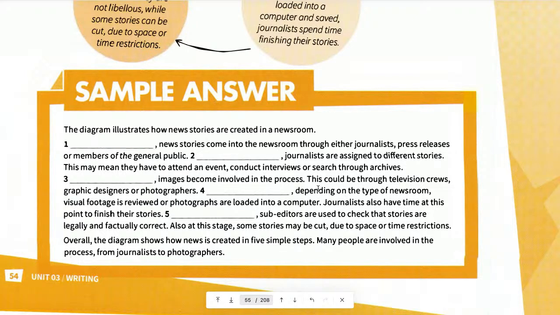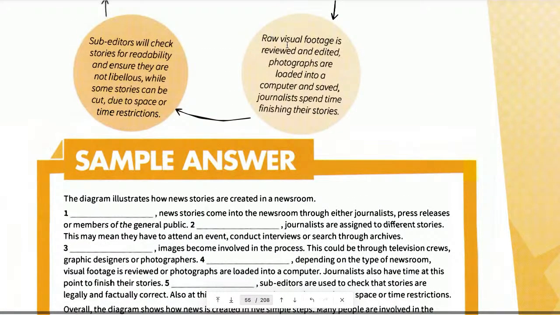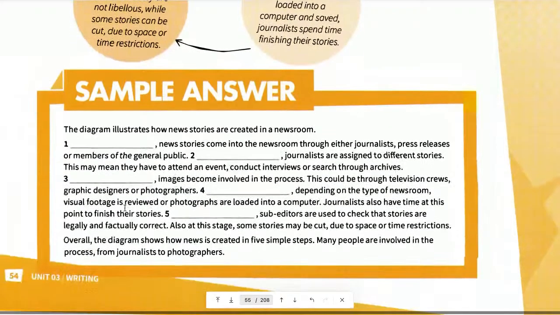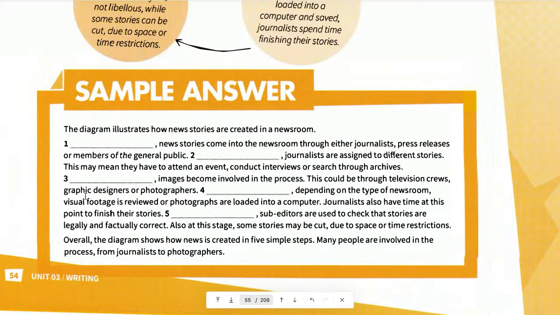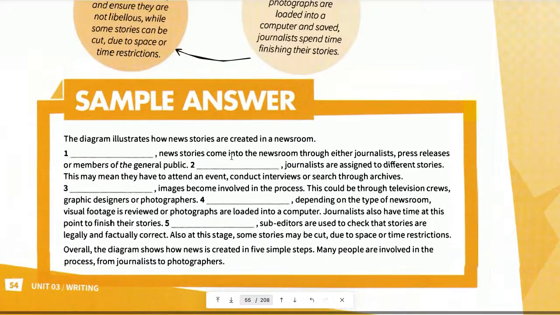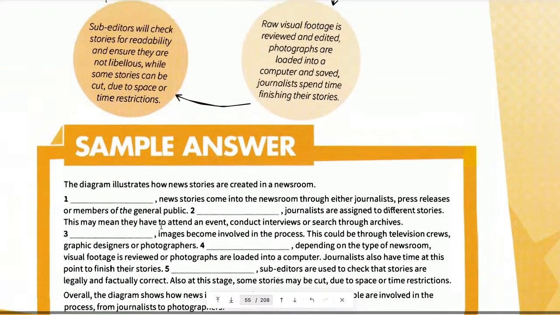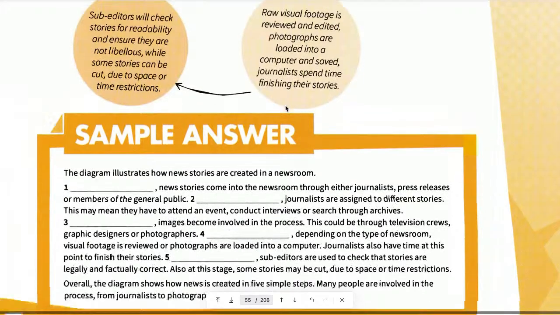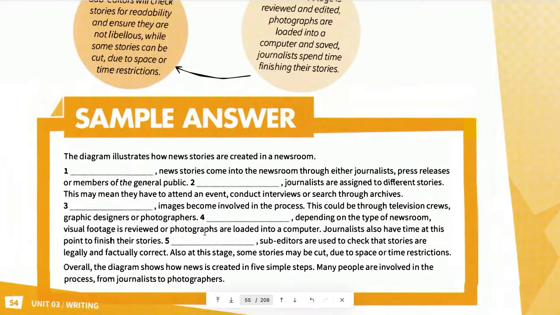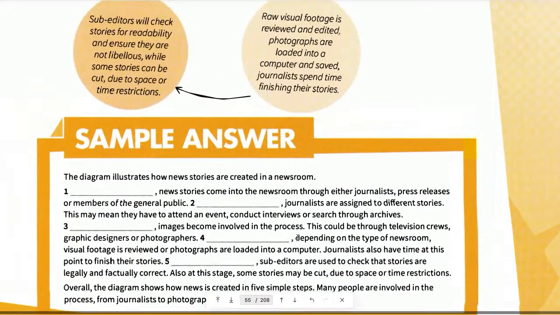Yes, that's right. Okay. So depending on the types of newsroom, visual footage. Here from the diagram you see they say raw visual footage, but here they just say visual footage. That means that they don't use exactly the same words again, right? And then visual footage is reviewed, and photographs are loaded into a computer.